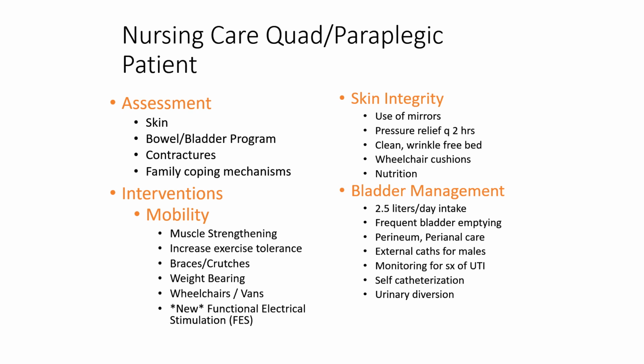With bladder management, remember they may have a neurogenic bladder, so we want to be aware of that. We want to make sure they have at least 2.5 liters of intake of fluids per day. They need to have frequent bladder emptying. Now, this may mean intermittent catheterizations.